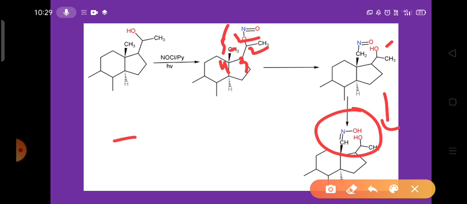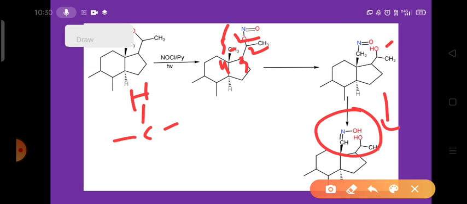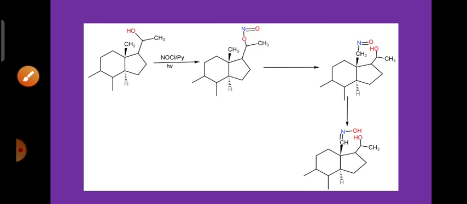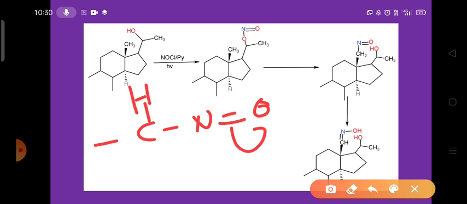In the first example I forgot to say, look here, the conversion of the nitroso group, I write once again. Look here, this is the nitroso group. This nitroso group changes into the oxime.